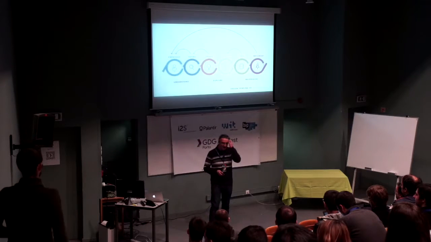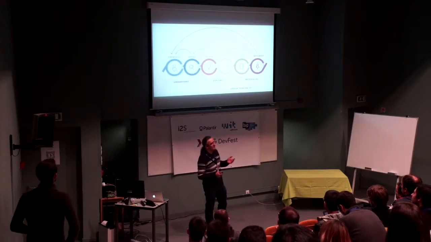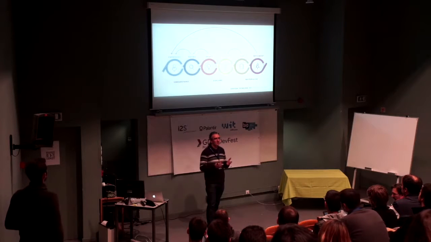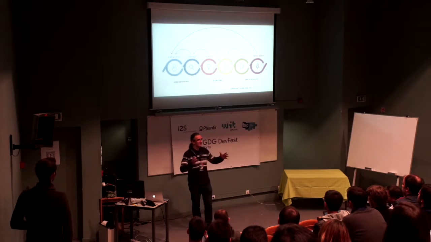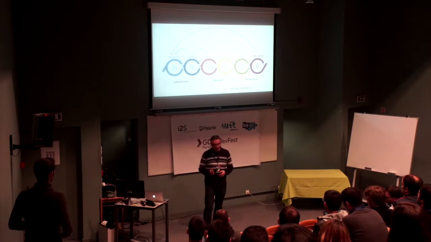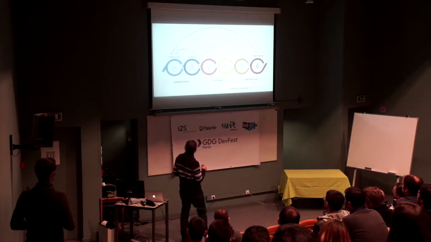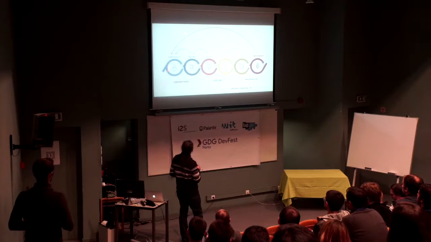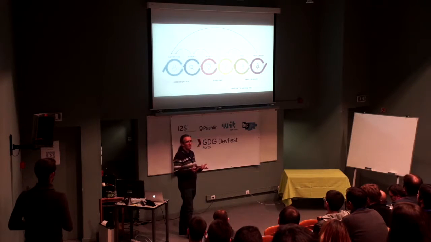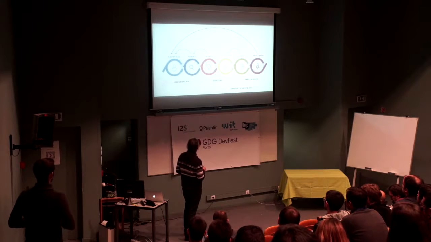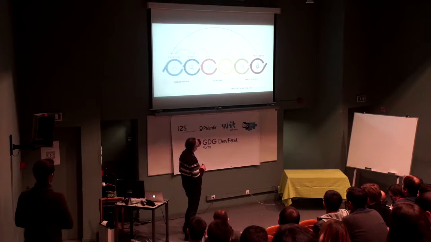So design thinking is basically a method that allows us to tackle a problem in an innovative and creative way. I'm not going to explain this in a lot of detail, but suffice to say that it has several steps. It has the step of empathize, where you basically get to know what the problem is and feel the problem. You have the step of defining exactly what the problem is.